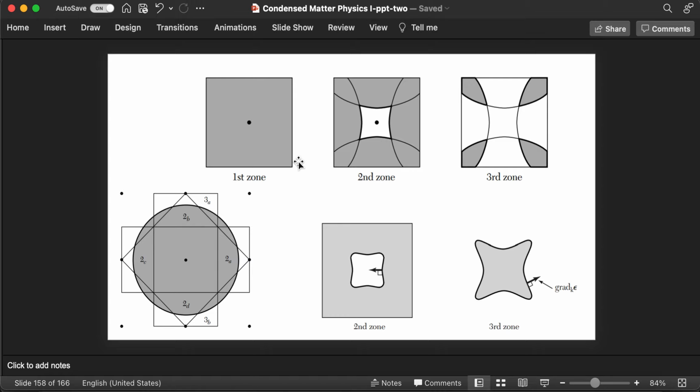Now we had seen this kind of an example for 4 electrons per unit cell. You have the first zone completely full, it's inert, so you don't need to worry about it. In the reduced zone scheme, you have the second zone here, that's the third zone, and you have the sharp edges. Those sharp edges, when you turn on the lattice potential, become blunt, and you have this kind of a picture here.